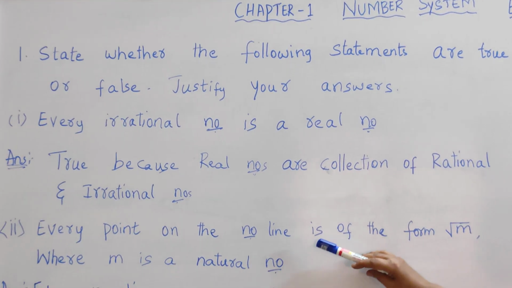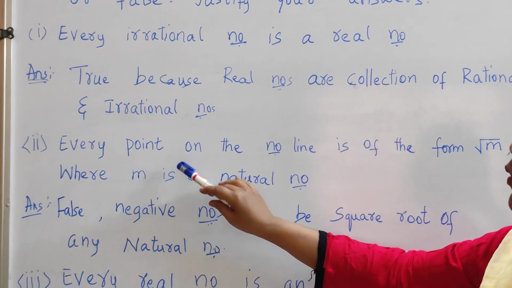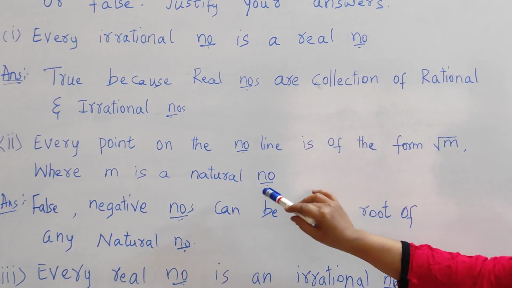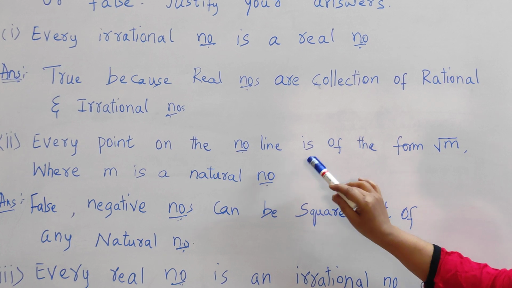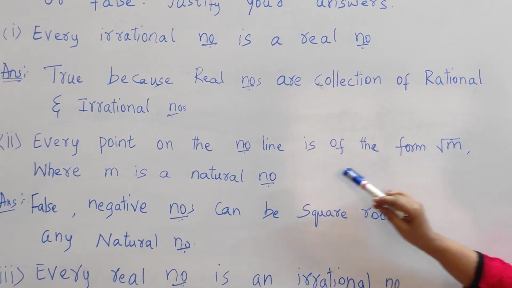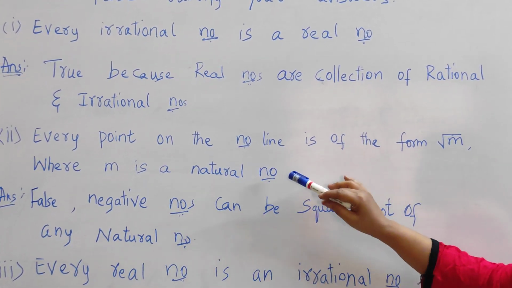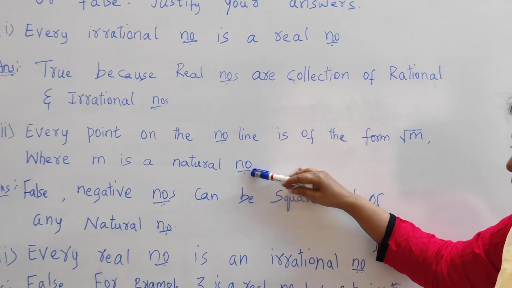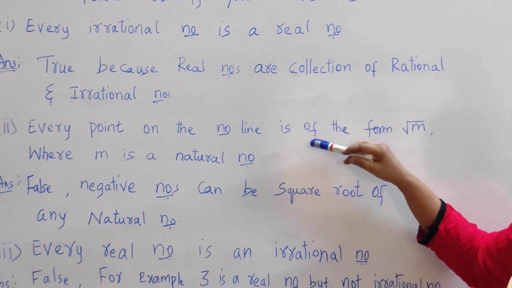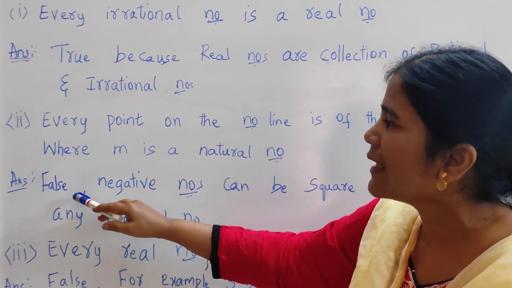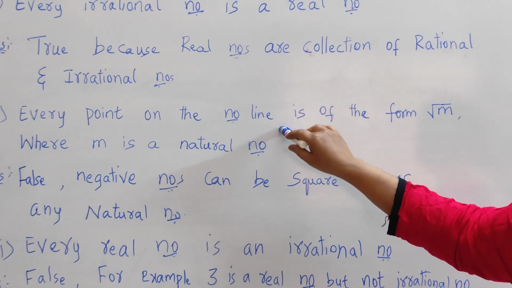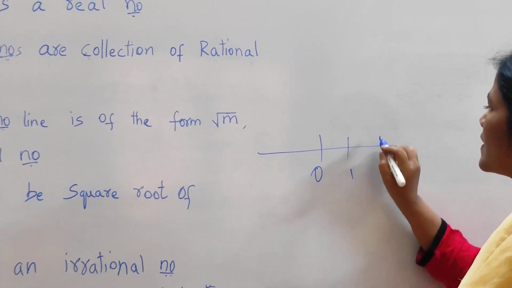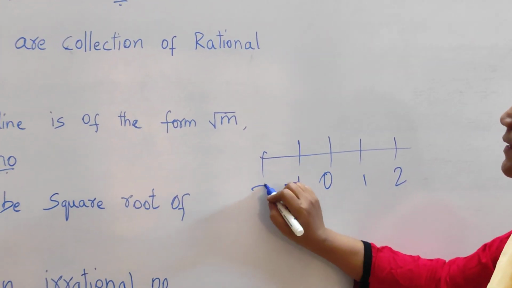Now let us go to the second question. Every point on the number line is of the form root n, where n is a natural number. So here what is it saying? All the natural numbers means what kind of numbers? 1, 2, 3, 4, 5, 6. These are the natural numbers, right? Can we have negative numbers there? Every point on the number line, you know children, has both positive and negative numbers, right?